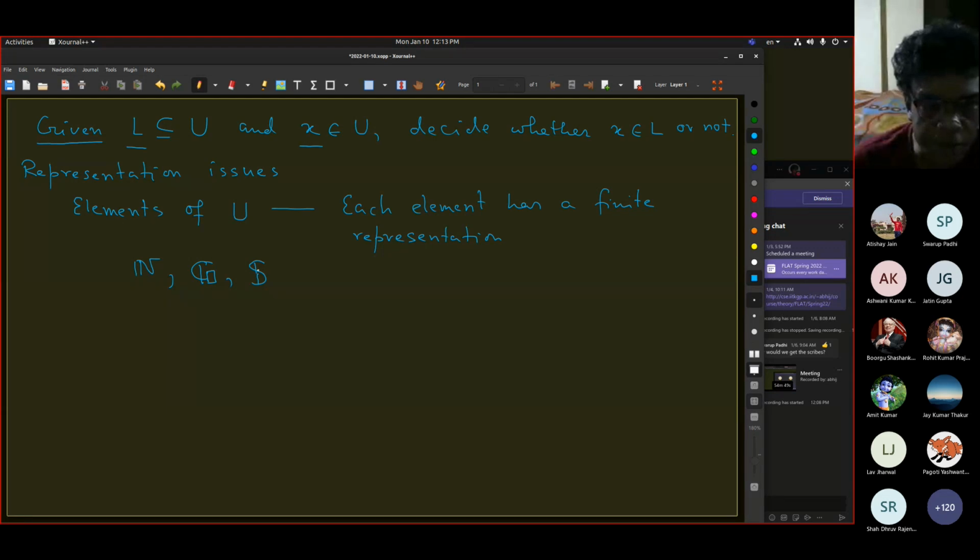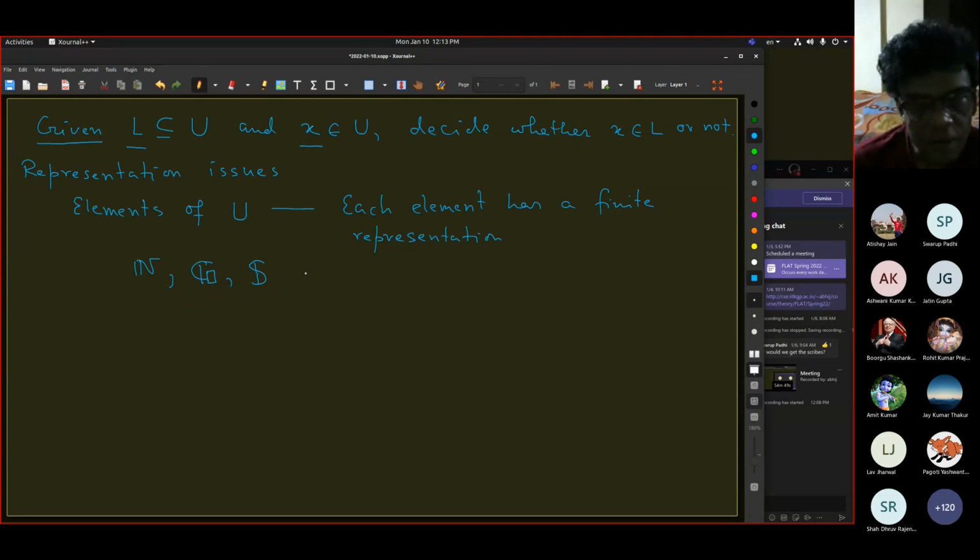I will formally define string today. The set of natural numbers does not have a finite representation, but each element does. These are all infinite sets actually, but each element has a finite representation. Maybe very big, but still finite.